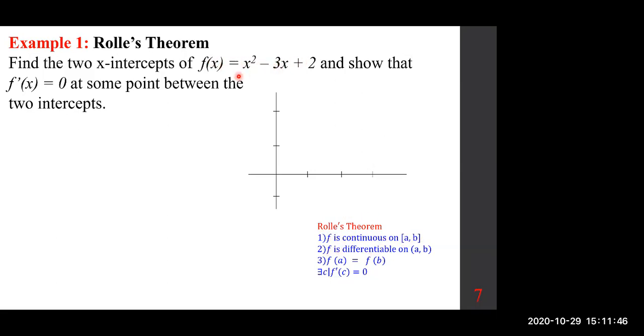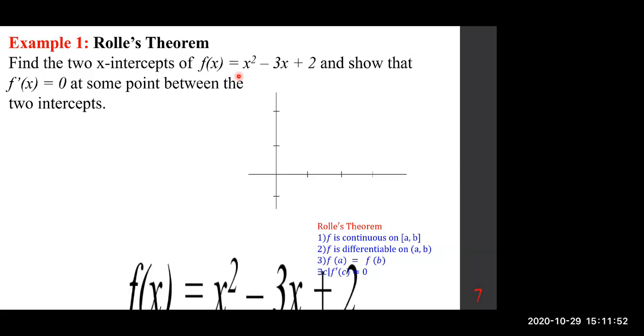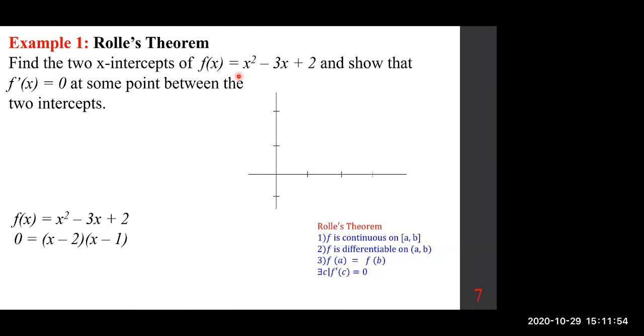So f of x is x squared minus 3x plus 2. Factor it and you get (x minus 2)(x minus 1). So the x-intercepts are at (1, 0) and (2, 0). This is basic elementary algebra. The function is continuous, the function is differentiable, the reason being that it's a polynomial function.